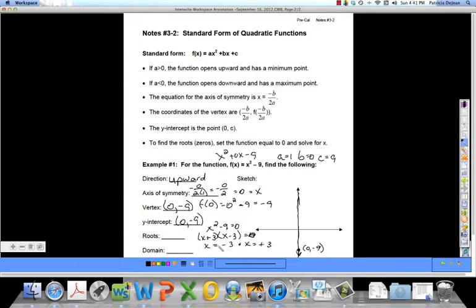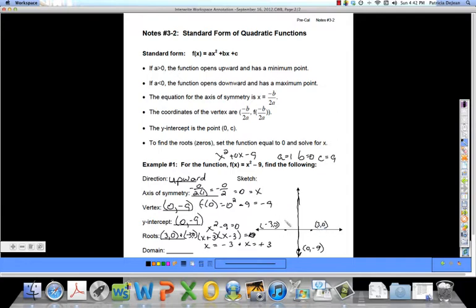It's the value of x that will make either of those factors equal 0. And so my roots as points are (3, 0) and (negative 3, 0), right here and right here, and they're symmetric about this axis of symmetry.